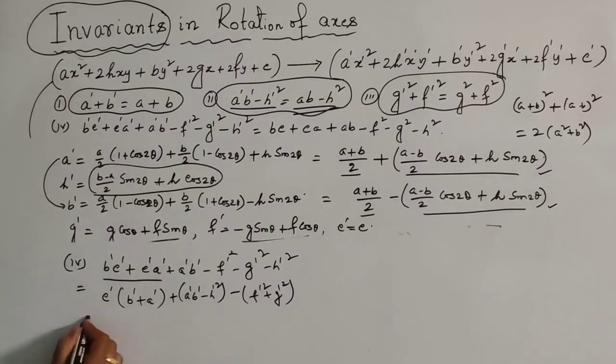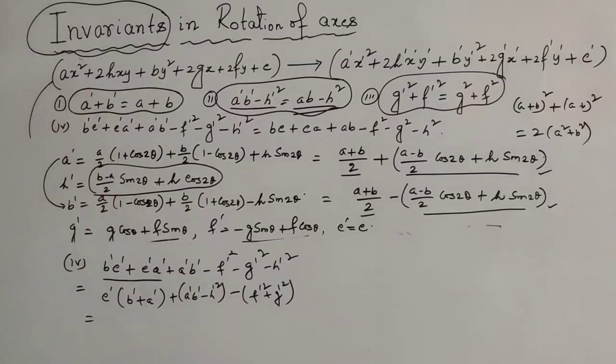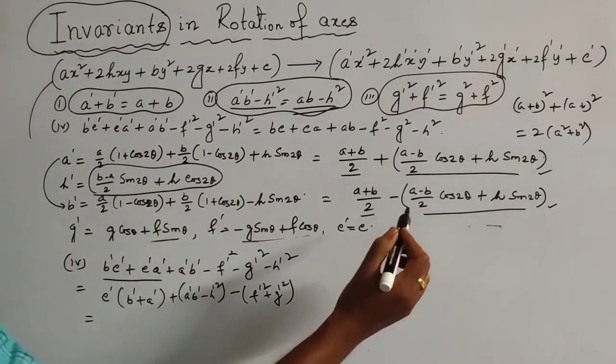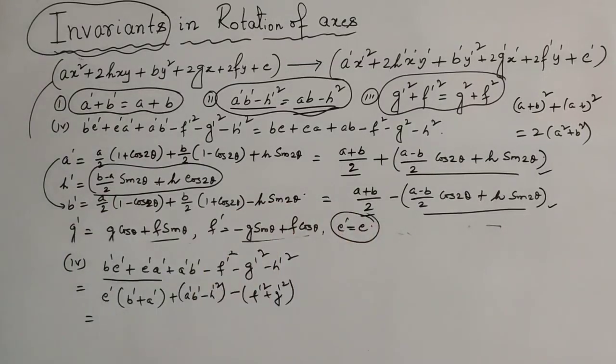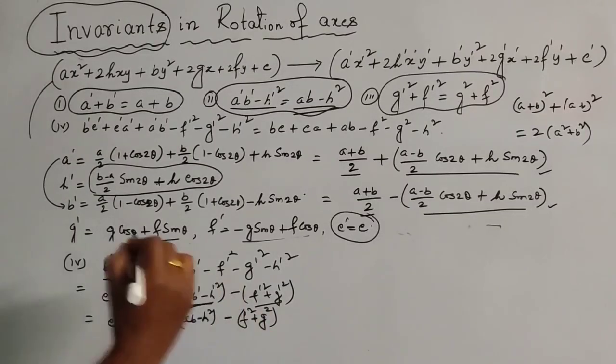And we already proved from the first result a dash plus b dash is equal to a plus b, and we get here c dash equal to c. So we put c and this is a plus b, and this becomes ab minus h square, and this is f square plus g square.